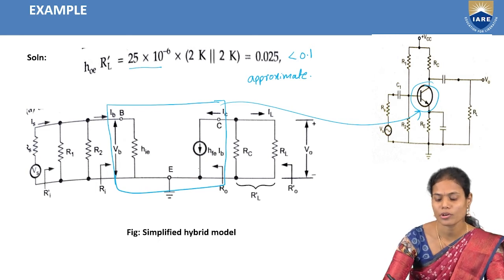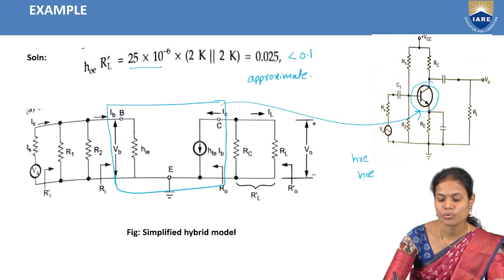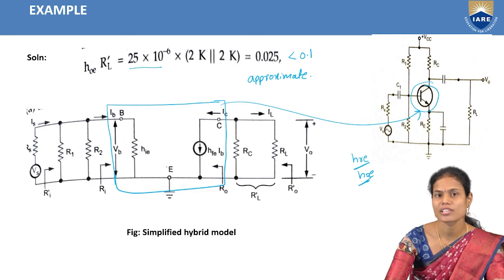In the approximate model, we are neglecting the hre term as well as the hoe term, so we are not mentioning them in the hybrid equivalent circuit. Along with this approximate hybrid equivalent circuit, the remaining components we need to take as they are.